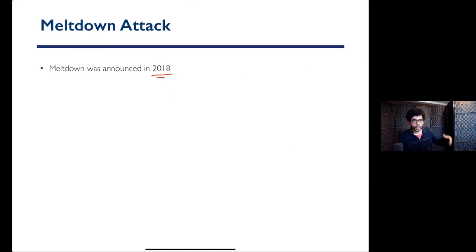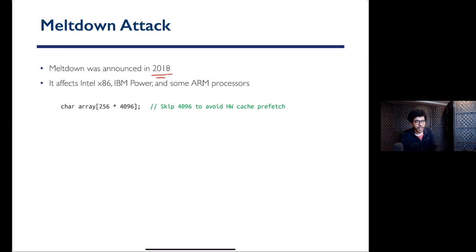But then shortly after Intel was notified, they actually had to notify the public, so it went public. It also affected IBM. It also affected ARM processors, but it didn't affect AMD processors. So AMD processors are assumed to be safe with the Meltdown attack.